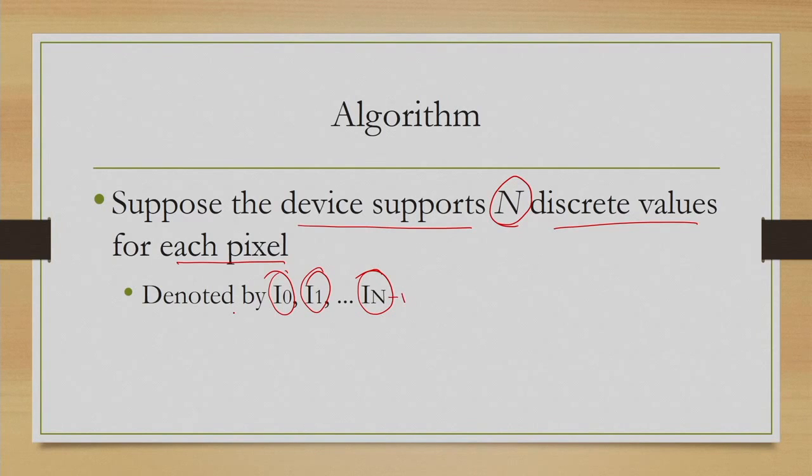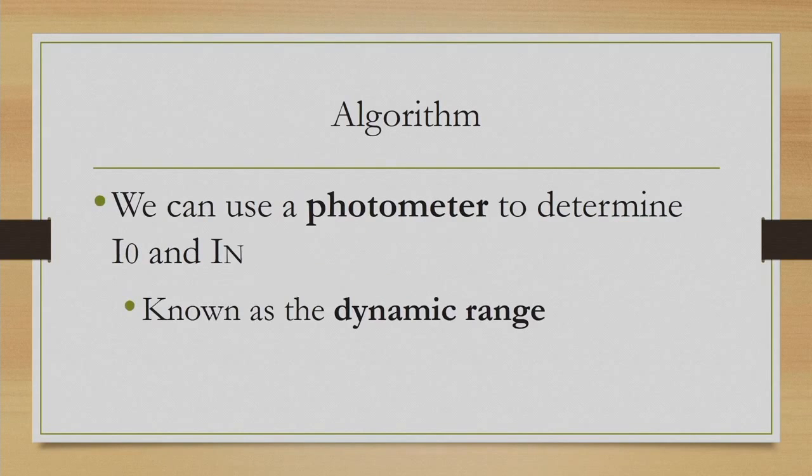So, there are n discrete values. Now, we can use a particular device called a photometer to determine the boundary values, that is I0 and I n minus 1.